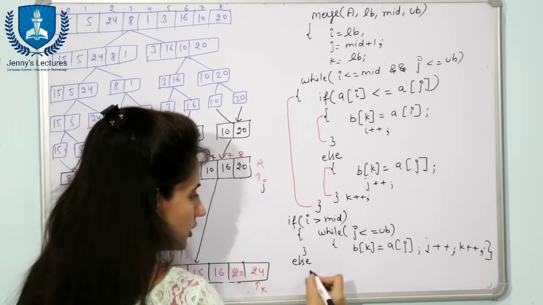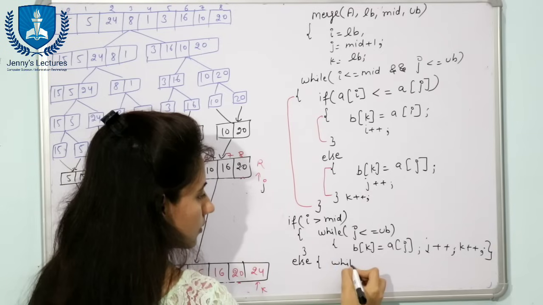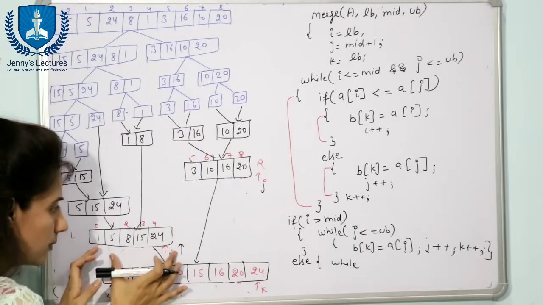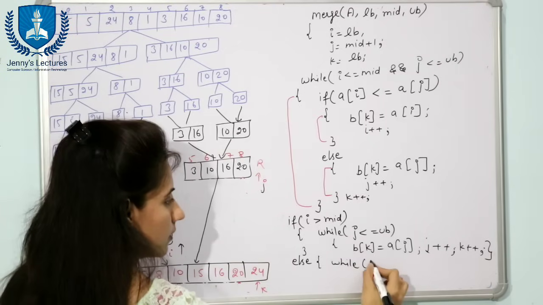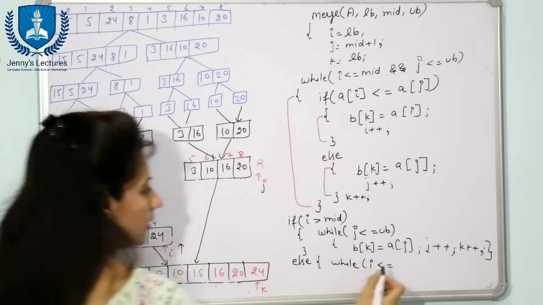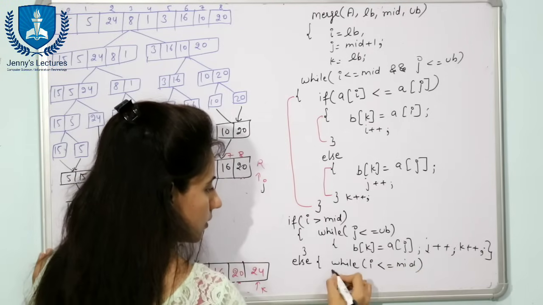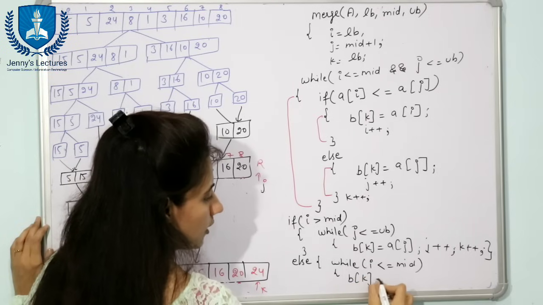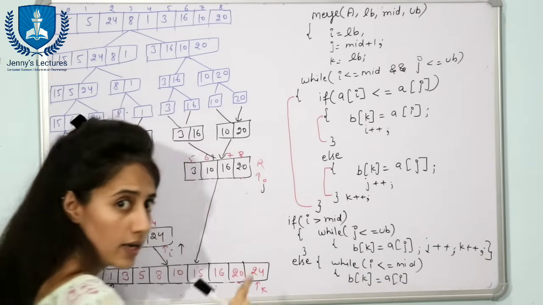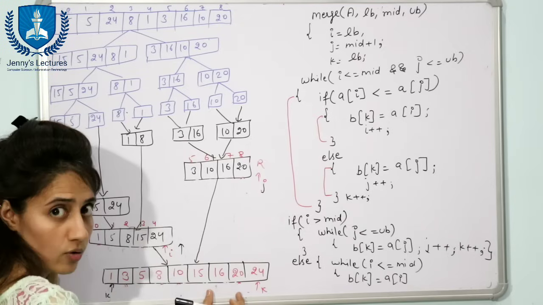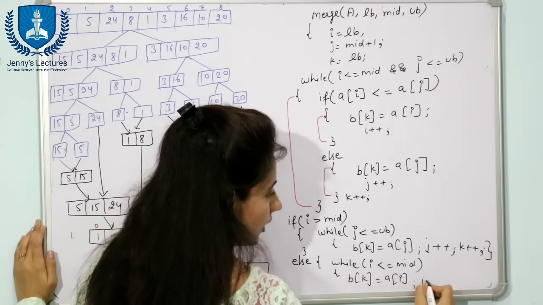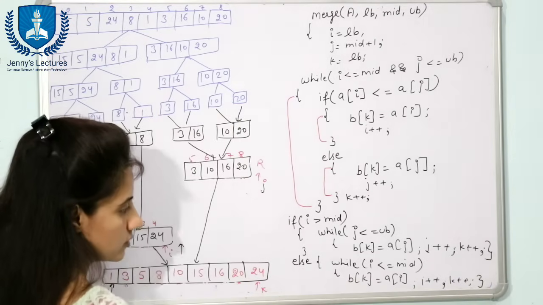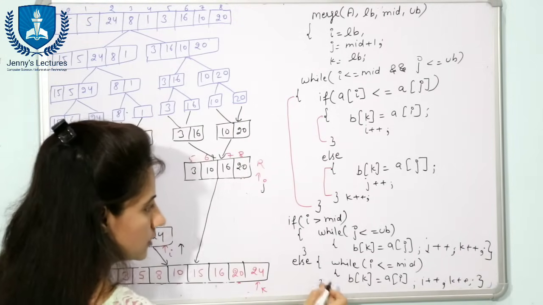Else you will check, maybe some leftover elements are there in this sublist, so you will check while i less than equal to mid. In that case in b of k you will put a of i. You will copy all the values here only. Fine. And you will do i plus plus and k plus plus. This is the ending of this while loop and this is the ending of this else.